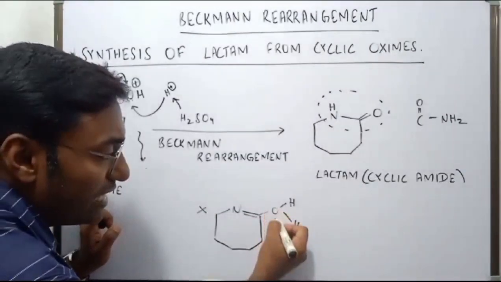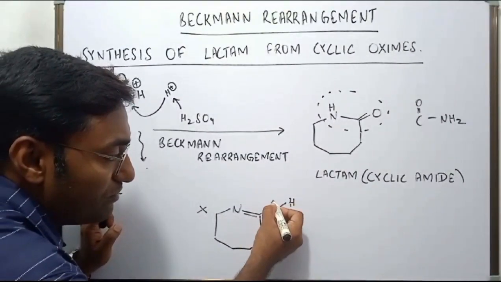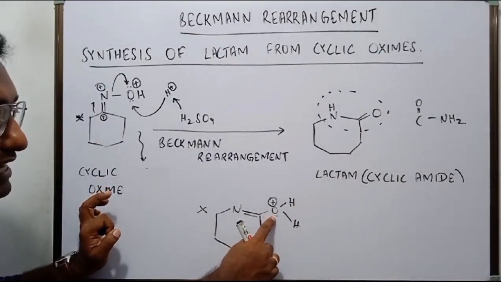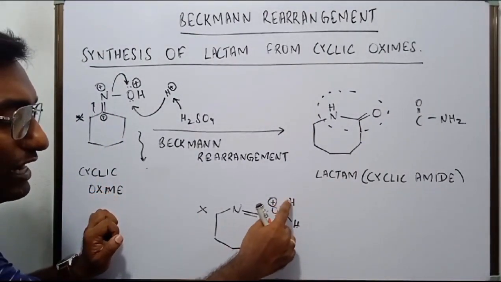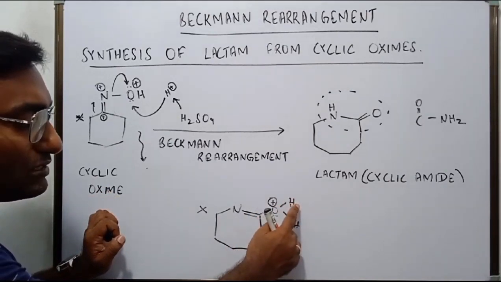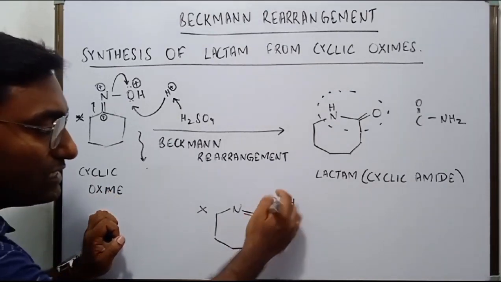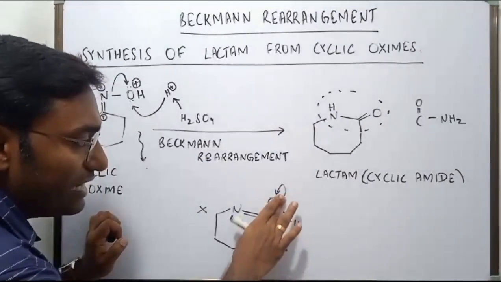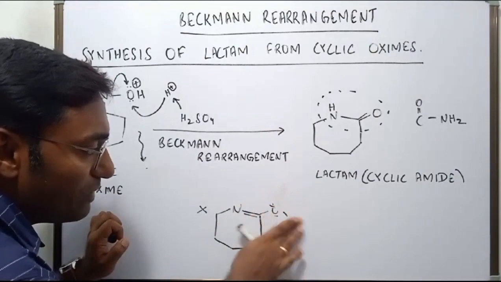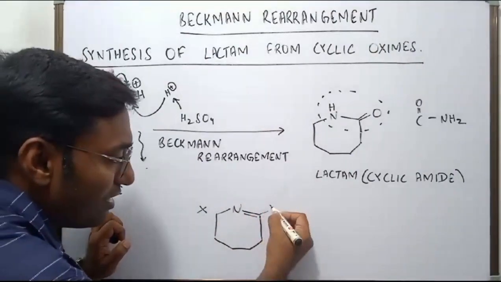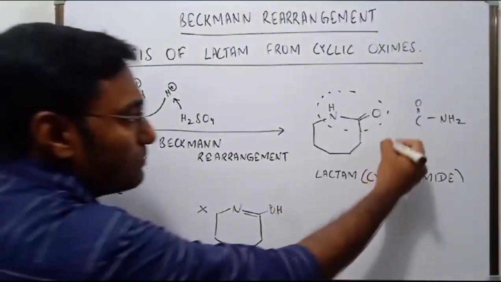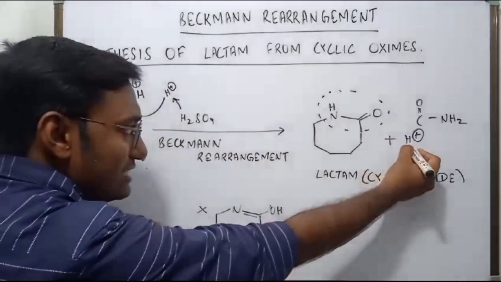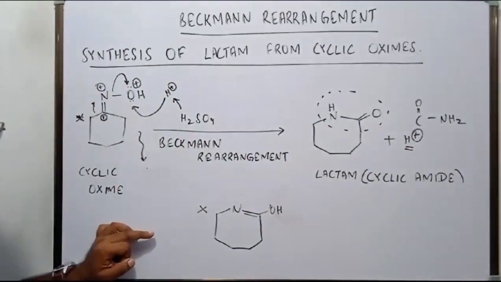Because oxygen has given its lone pair, the oxygen becomes positive in charge. To restore neutrality, oxygen tries to withdraw an electron from one of the hydrogen atoms. Suppose it withdraws from this hydrogen atom, then oxygen's neutrality gets restored, and so it becomes OH here, and a molecule of H+ is eliminated out. That is, the acid is retained in the system.